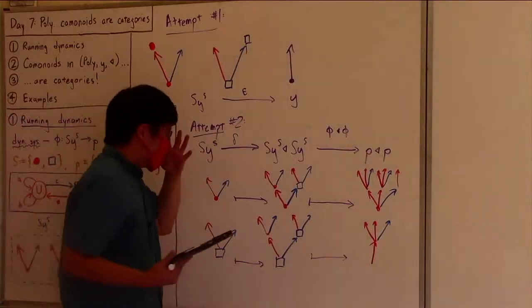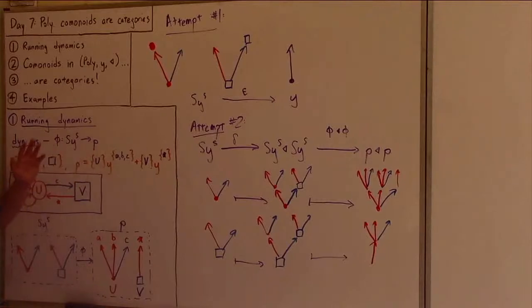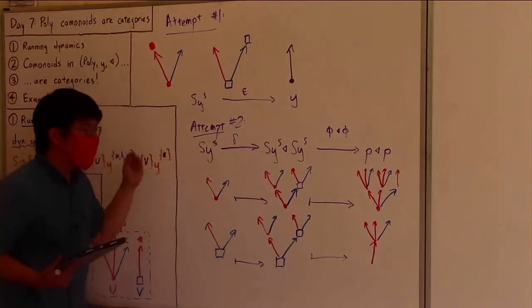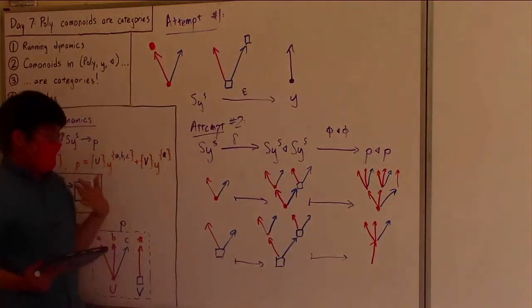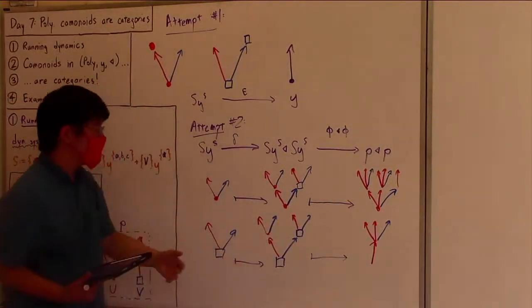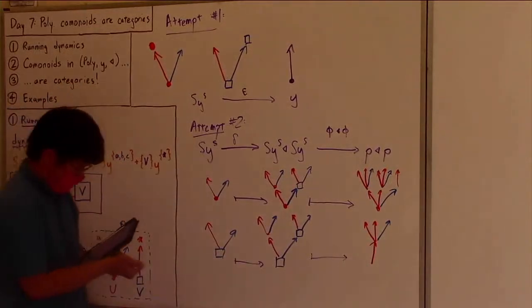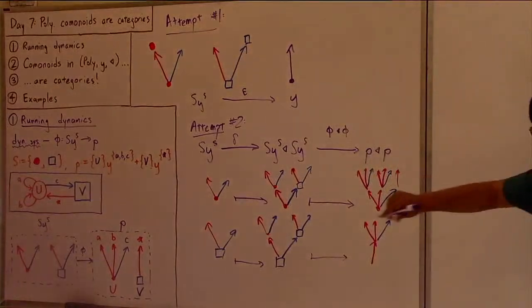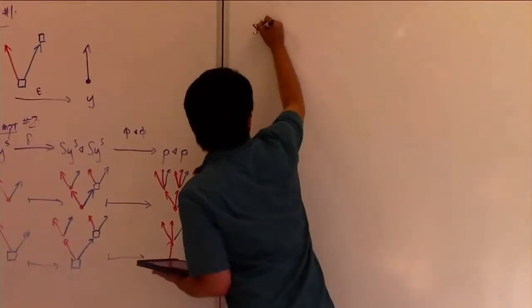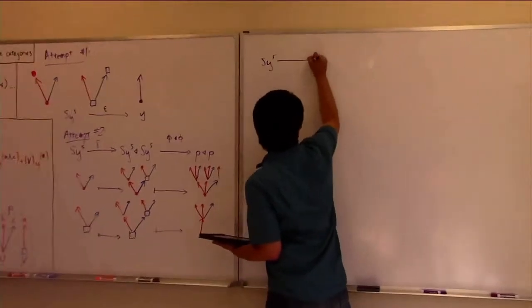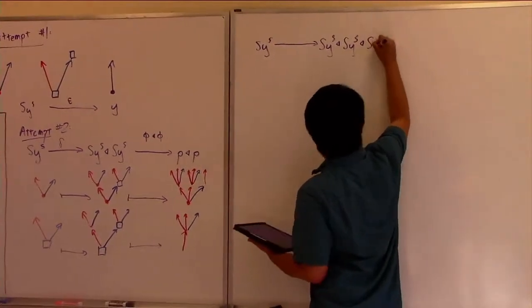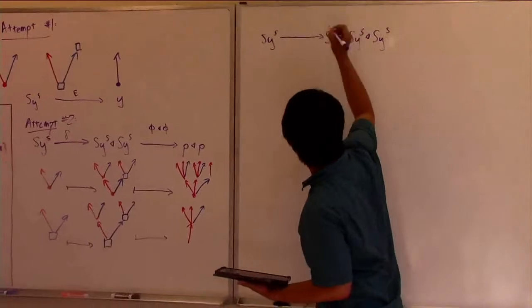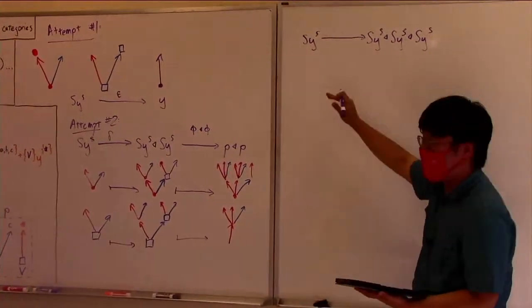And finally, there's one other thing that would be nice for delta to do. We want to be able to talk about taking even more than just 2 steps. If we talk about taking 3 steps, if we want to get from sy to the s to sy to the s composed with itself 3 times, there are 2 ways to do this.